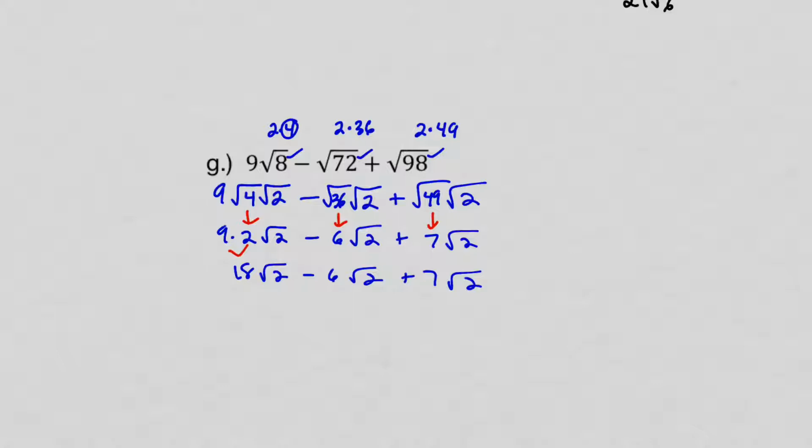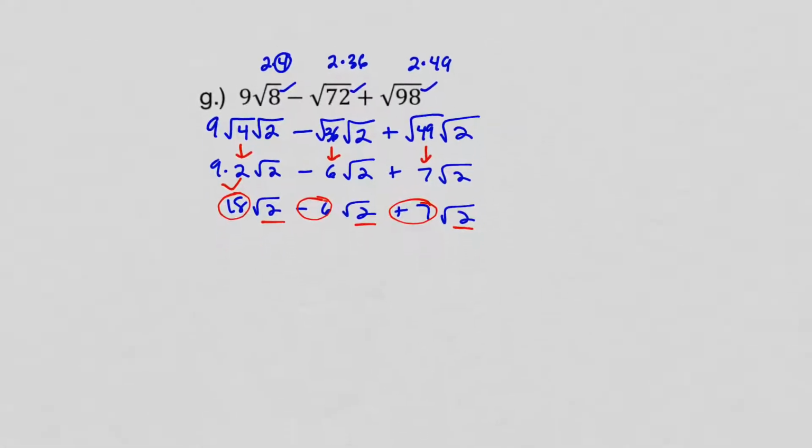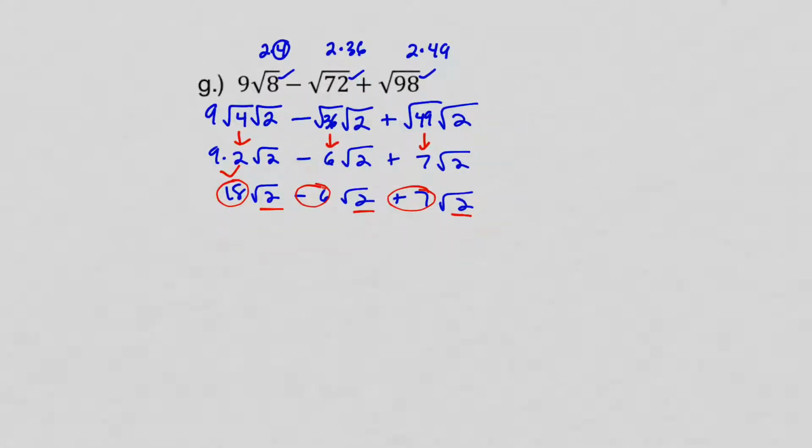And we're going to be putting these three numbers together because we have like terms. So 18 minus 6 is 12, and 12 plus 7 is 19.